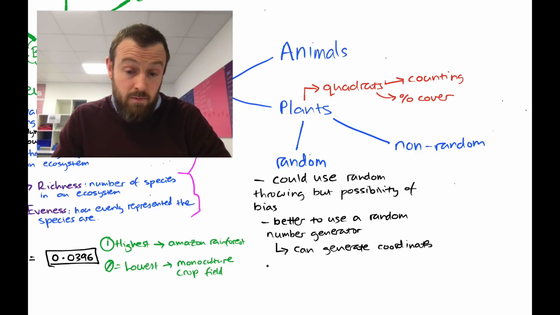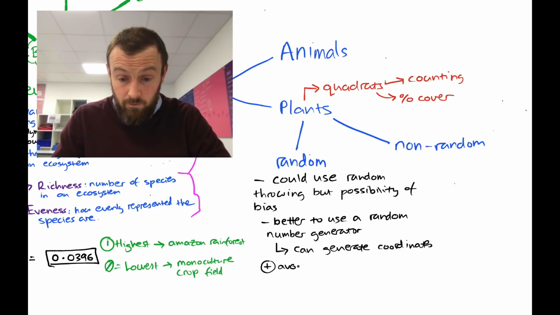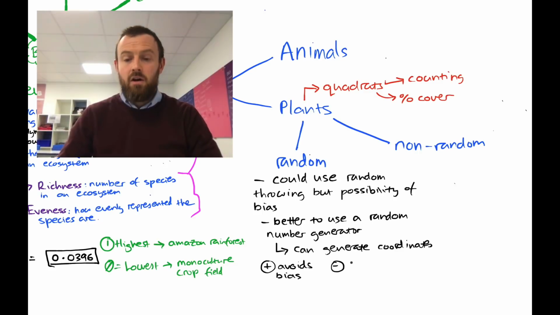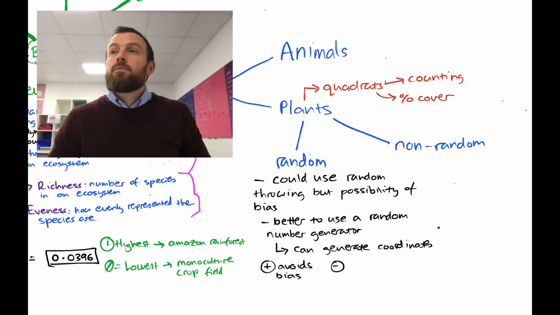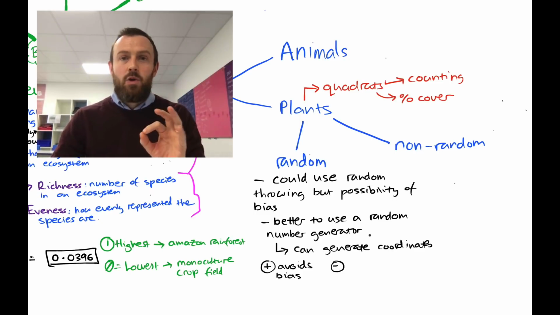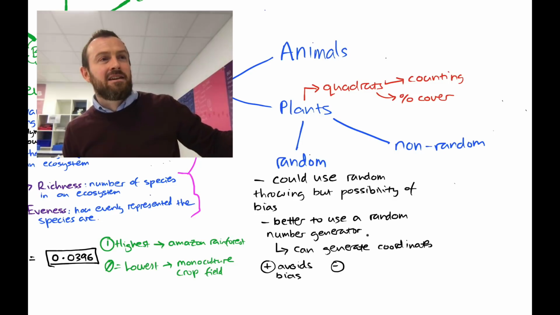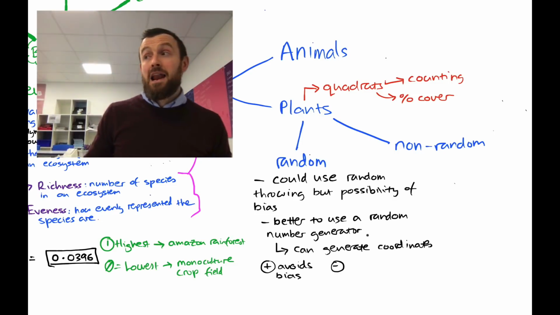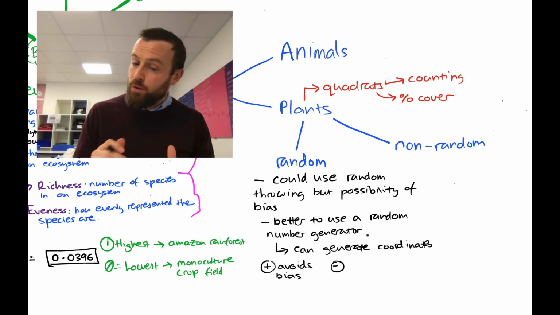And the main positive of this is it can avoid bias. Now the negative of this whole random method is it may underestimate your biodiversity if your habitat is not homogeneous. So if your habitat is not just one uniform field, but a field with a sandy, boring area, and maybe a more marshy, more interesting area, then it might not be appropriate to use random sampling.